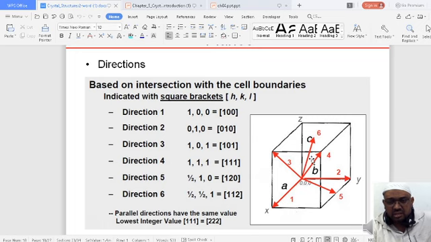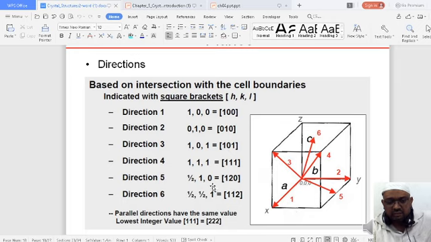And when we see direction 5, from here it is half. You can see direction 5 exactly resembles half on the x axis, so this distance is half, and on the y axis you have exactly the unit value, and it is parallel to the z axis. Therefore it comes to be 1 by 2, 1, 0.